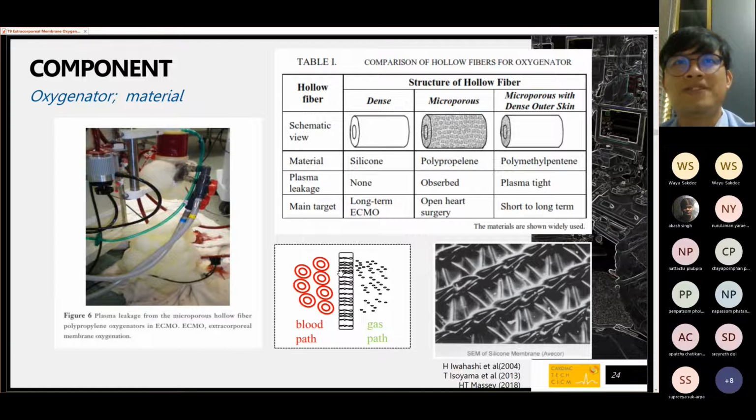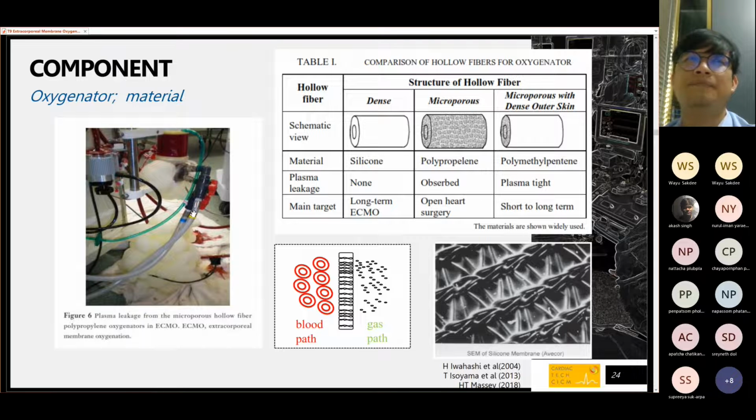After the material changes, it's going to make some fluid leak out to the gas part like this. We call this condition plasma leakage, which you see if we use the polypropylene hollow fiber.